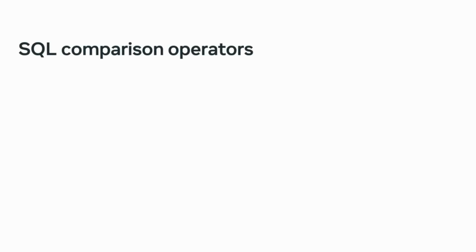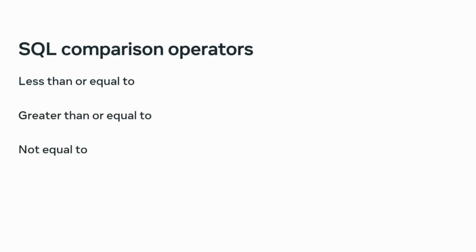To specify your filter condition, you can make use of a wide range of operators. You've just reviewed an example of the equals operator and others you may have encountered in a previous lesson. Let's quickly review these other operators. SQL comparison operators include equal to, less than, and greater than. There's also less than or equal to, greater than or equal to, and not equal to.